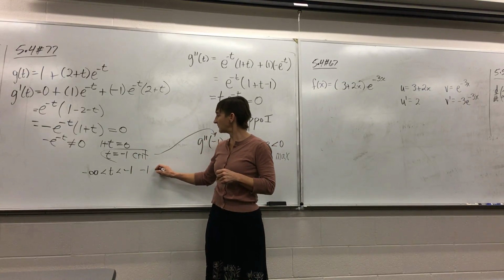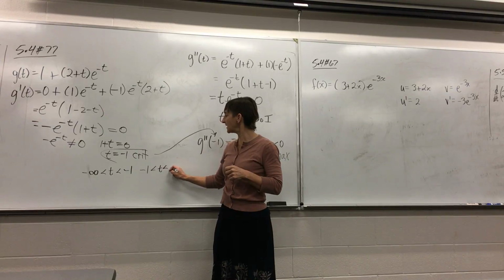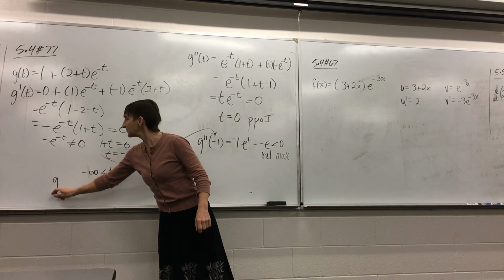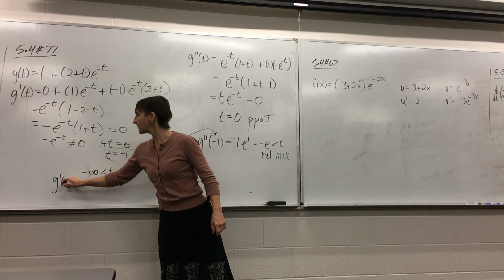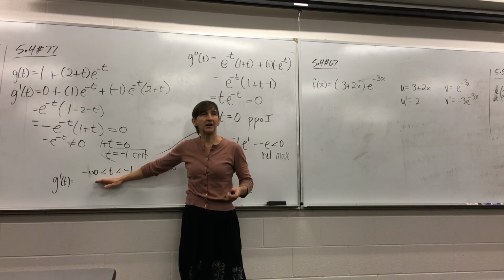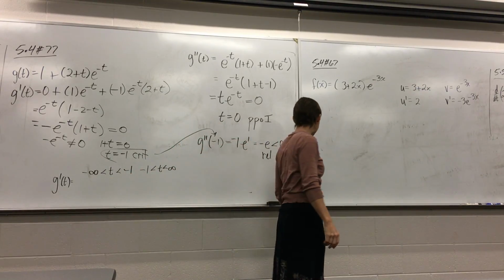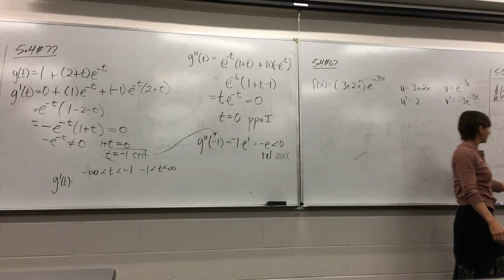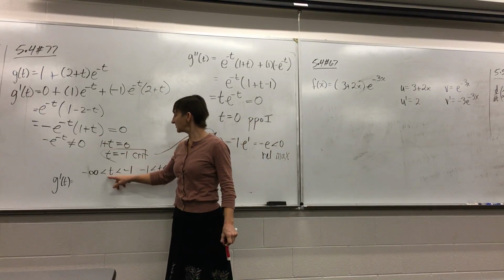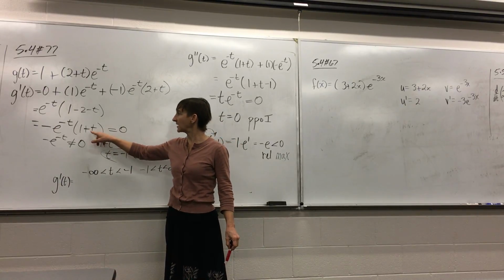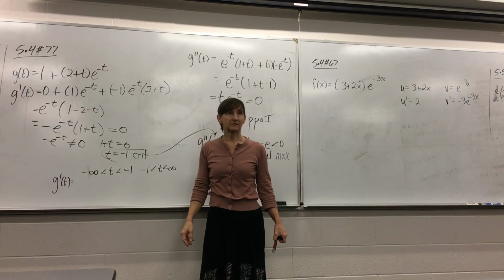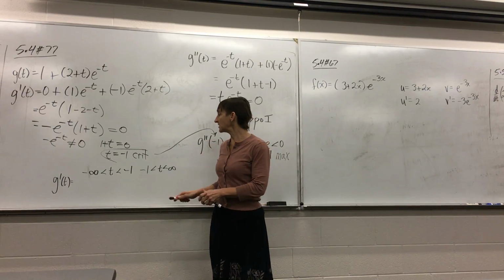And then from negative 1 to positive infinity. What's going on with our first derivative? G prime is doing what? Getting bigger. Is G prime positive or negative on the left-hand side of our crit? Negative. Well, you can plug a quick value and see. Just substitute something little and negative in here. I've got a negative times a negative. Positive. I'm going to leave you guys to figure that out.